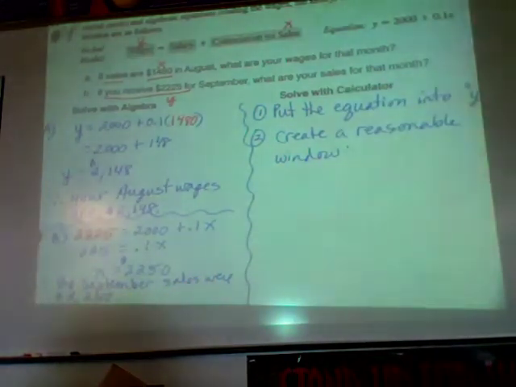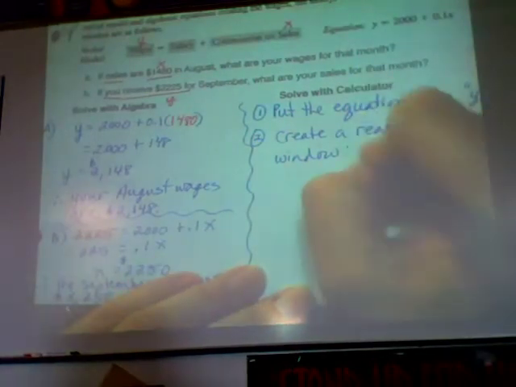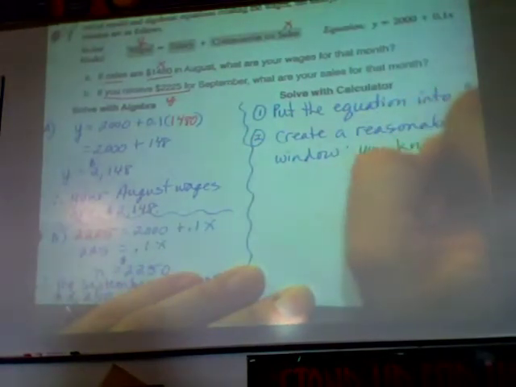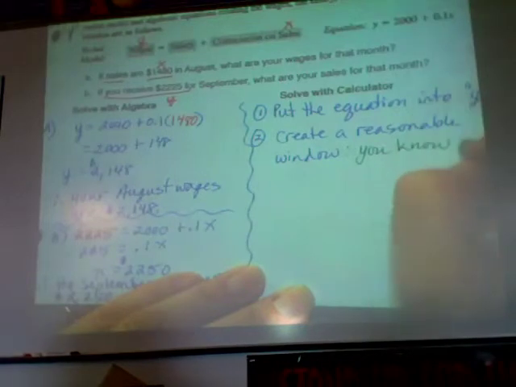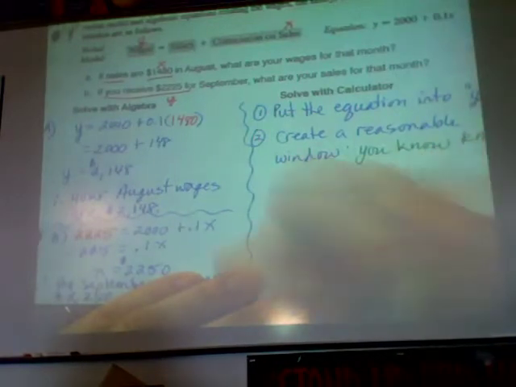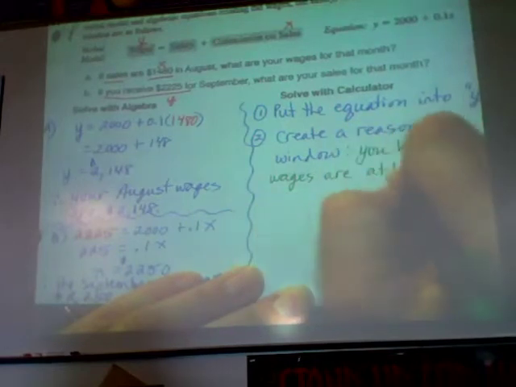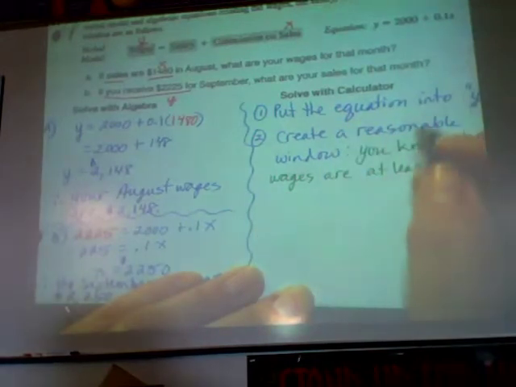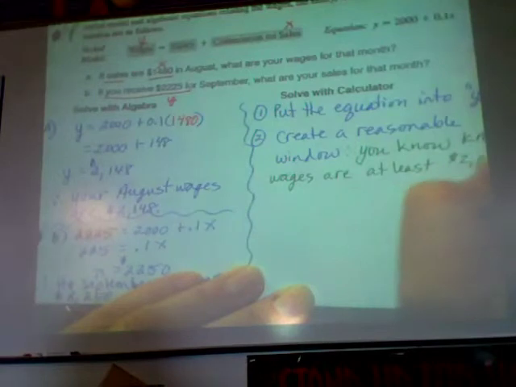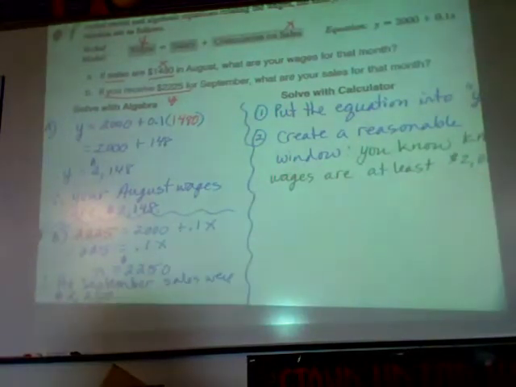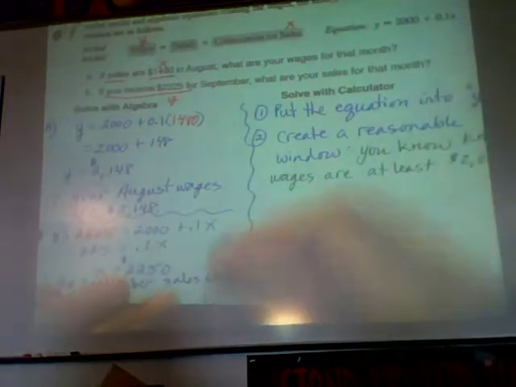To do this, you know a couple of things. You know your wages are at least $2,000. And based upon our work over here, we know our sales aren't going to go over $2,250. So I went ahead and created a viewing window for you.